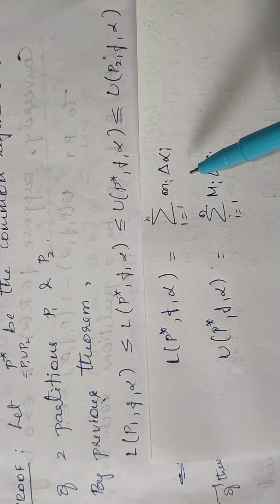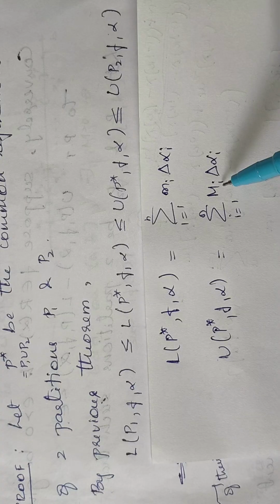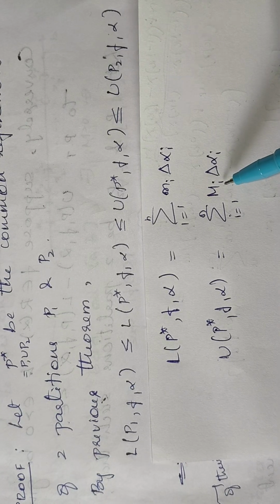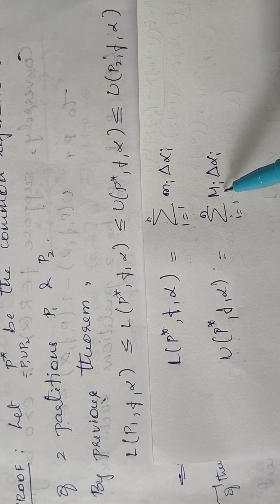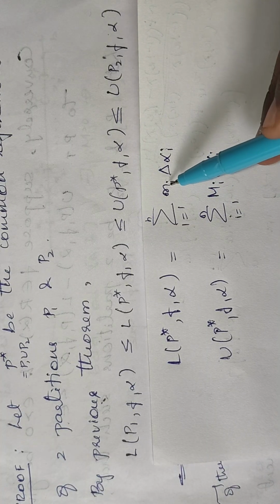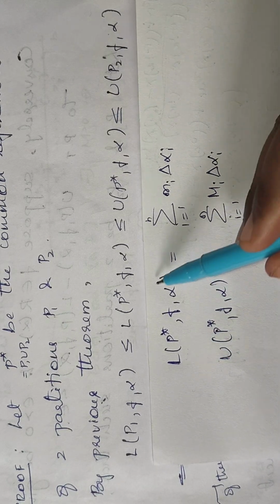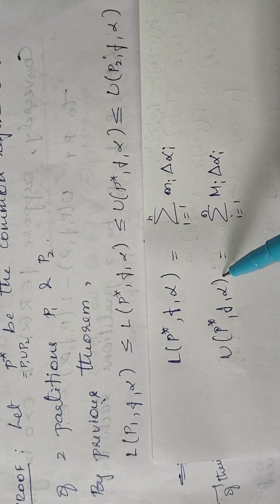So here we know that this small m_i is less than or equal to this capital M_i. Or also I can say that capital M_i is greater than or equal to this small m_i. So these two being with that relation, I can write this is less than or equal to this.